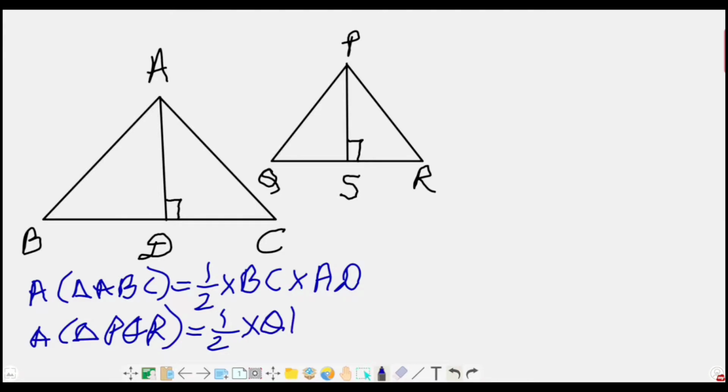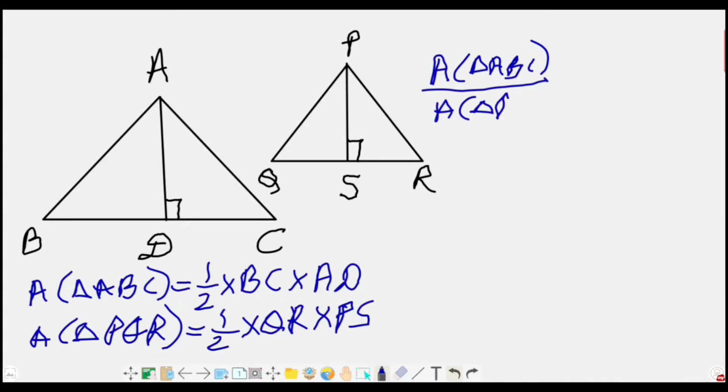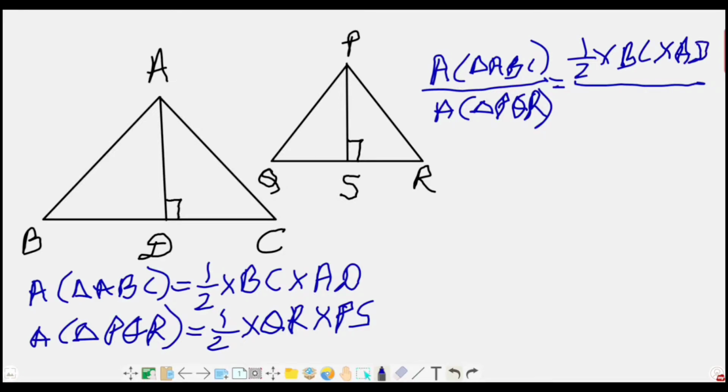In the same way, when you write the area of triangle PQR, it will be half into QR. QR is the base here, height is PS, so it will be QR into PS. If I want to find the ratio of the area of triangle ABC upon the area of triangle PQR, then the right hand side, my ratio will be half into BC into AD and half into QR into PS.